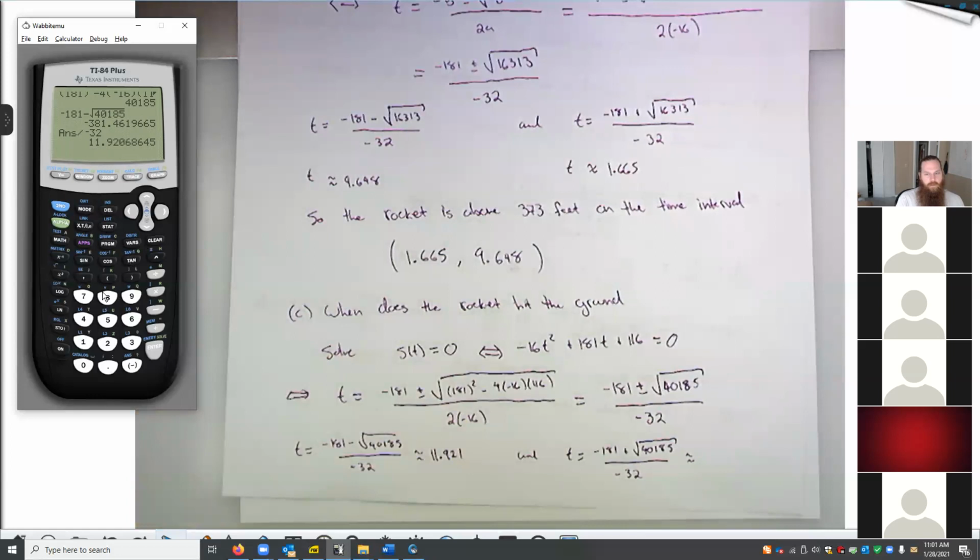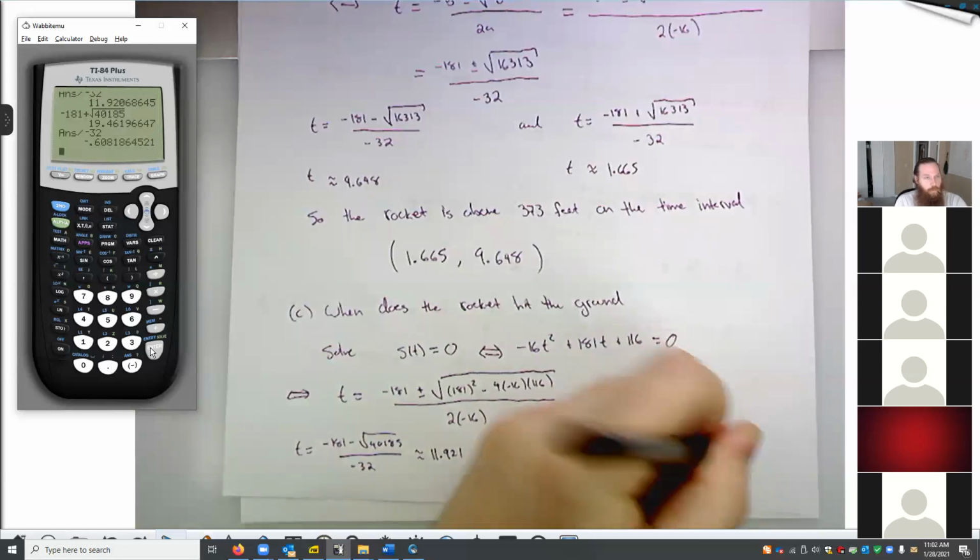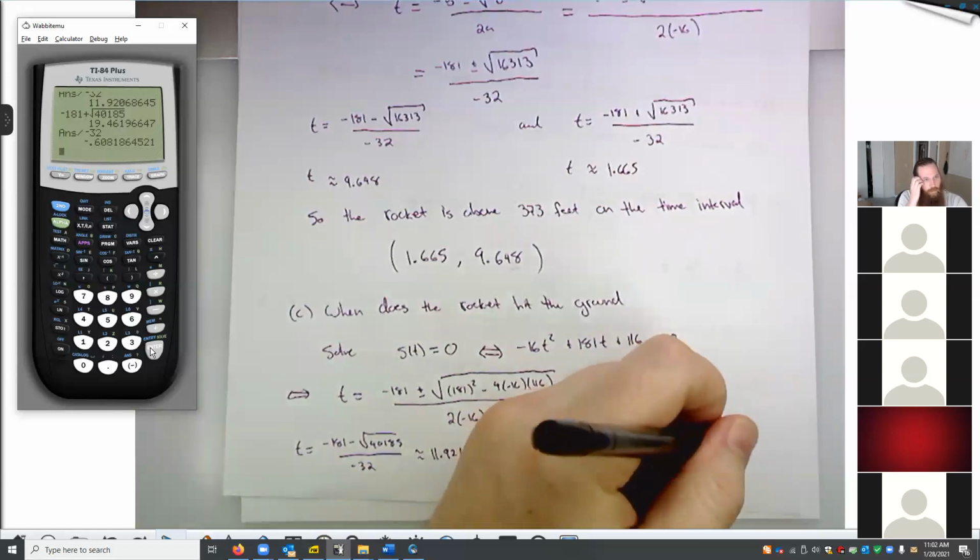The other calculation would be negative 181 plus the square root of 40,185, which I then divide by negative 32, giving me negative 0.608.